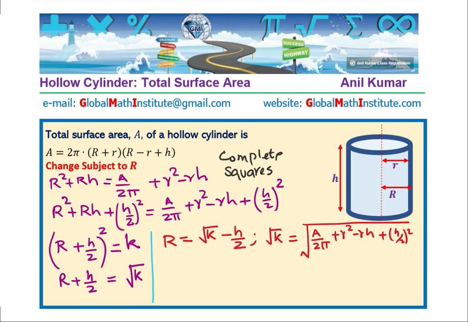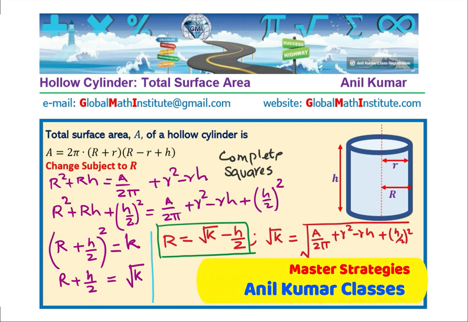But anyway, with some strategies, we have easily isolated R. So R equals square root of k minus h by 2, where k equals A by 2 pi plus r square minus r h plus (h by 2) whole square. Is that clear to you? So that is the way to isolate R from the total surface area A of a hollow cylinder.